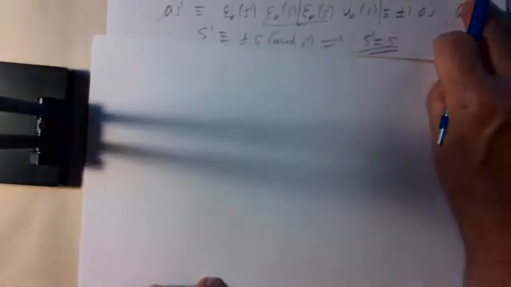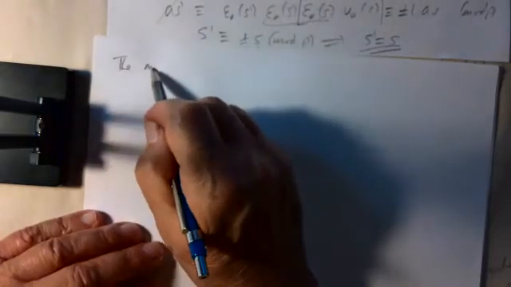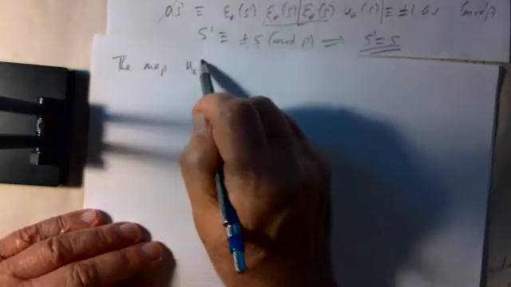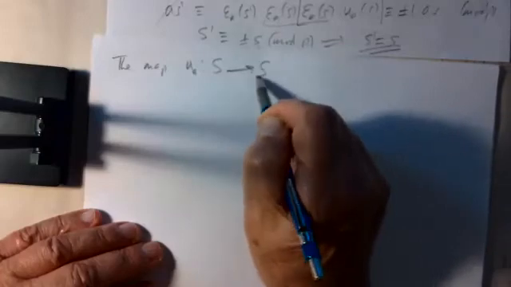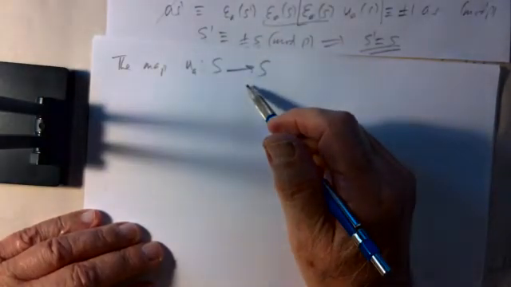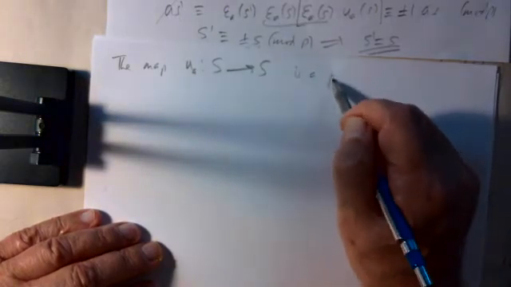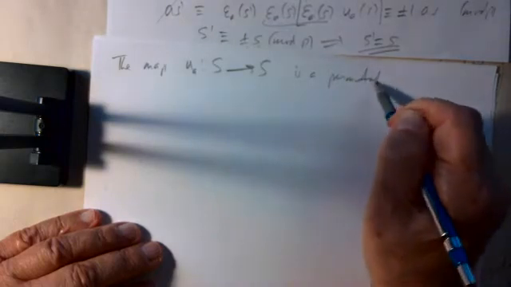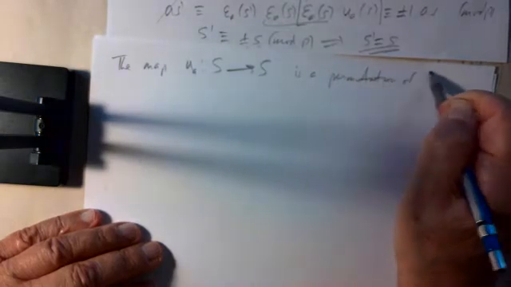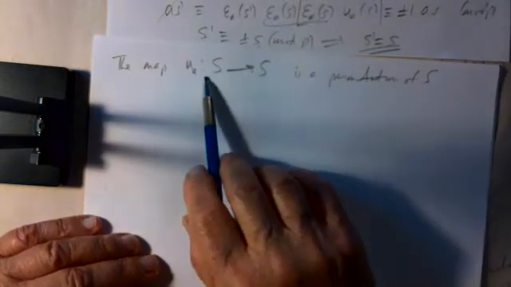Another way of saying this is the map u sub a from S to S is a permutation of S. This is a one-to-one function of these finite sets.